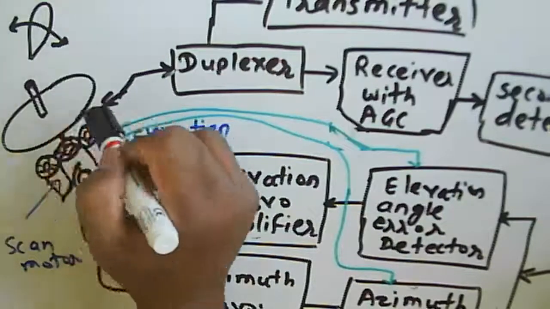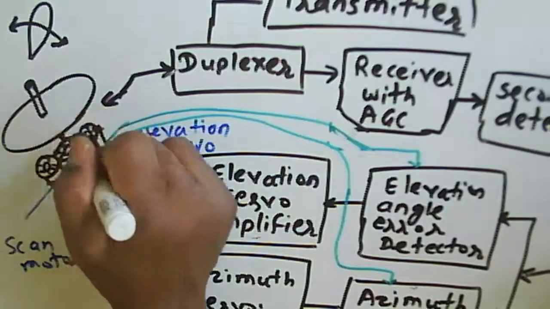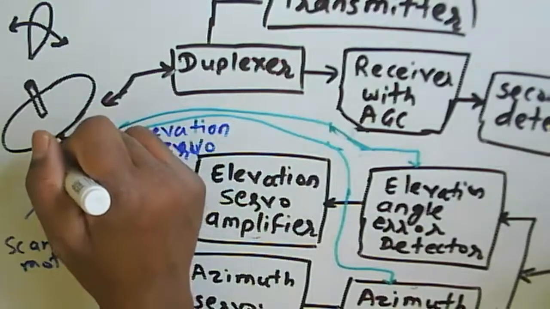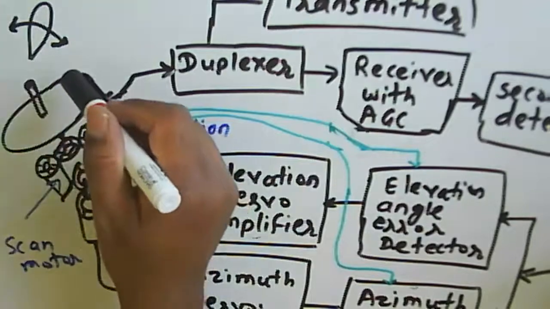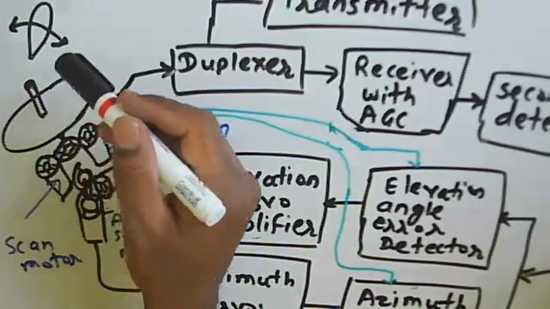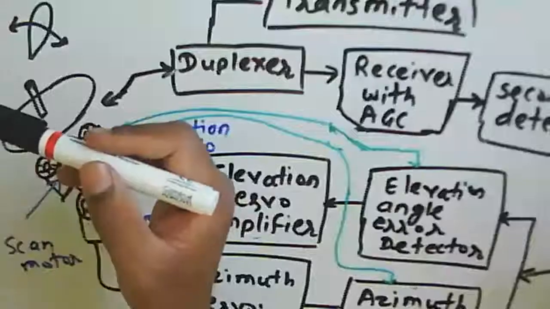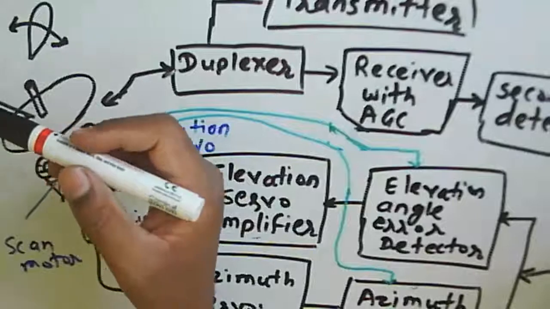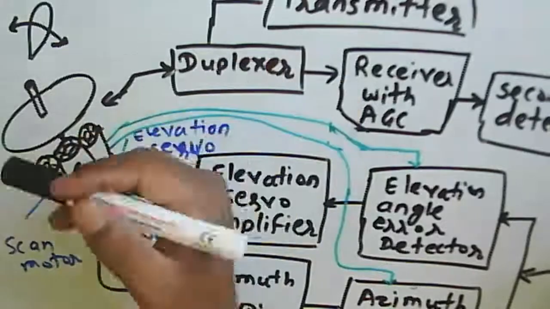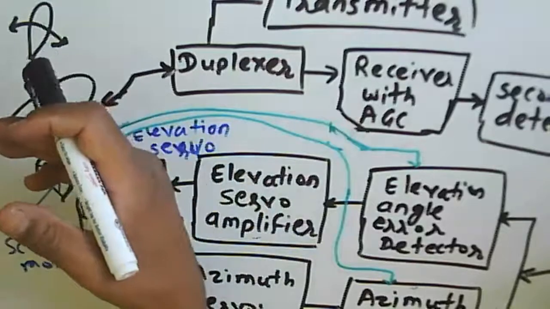If this antenna is rotating, there may be changes in the polarization. Because we need to maintain the polarization, we need to use the rotation in such a way that the antenna polarization is maintained while rotating the given particular field. That's why it is called a nutating field.